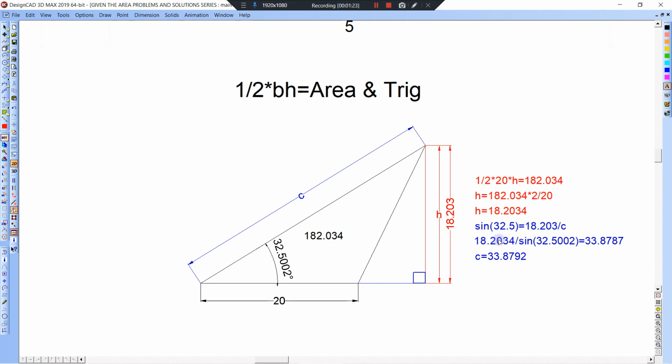It looks like C goes to the top over here. Not sure what I did there. I don't know where I lost the C. Let's move this down for a second.